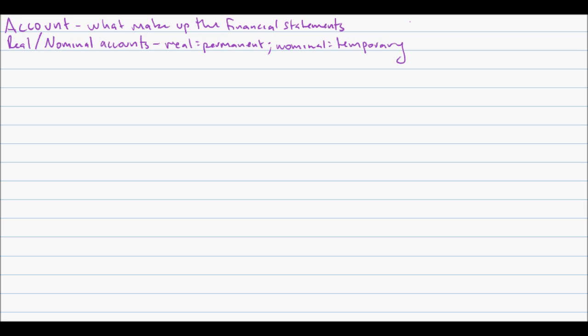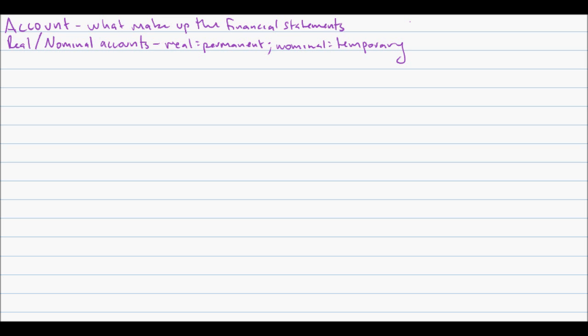So in the previous example I used, some permanent accounts or real accounts would be cash, investments, inventory, property, plant and equipment, etc. Some temporary accounts would be revenue and expenses because they're eventually closed at the end of the year to a permanent account.